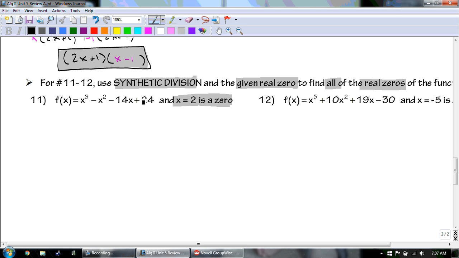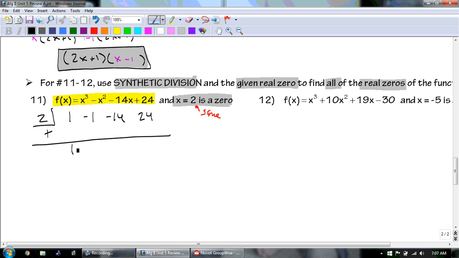And when I'm using synthetic division to divide all this time, this is when it stays the same. So I have the 2 out front, and now I'm just going to copy down the coefficients. We're going to do synthetic division again. The 1 drops.